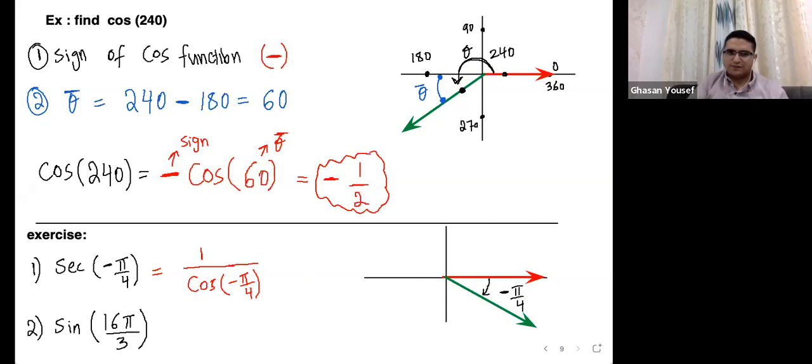So if you want to solve it, the cosine function is positive, and the reference angle is pi over 4. Why? Because the acute angle between the terminal side and the x-axis is pi over 4. So cosine of pi over 4.